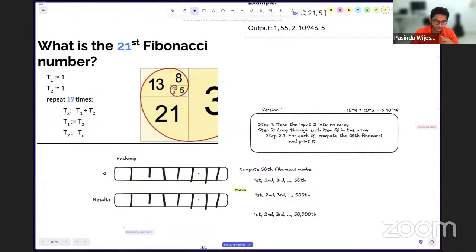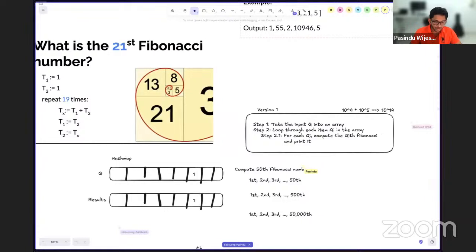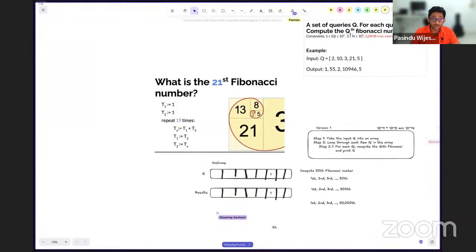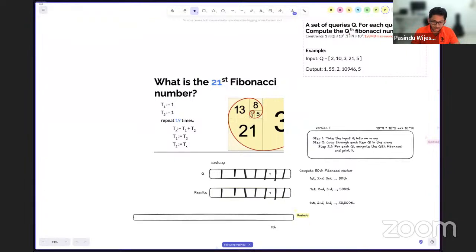So we only utilize memory in the size of Q instead of storing all the values from 1 up until Qi, whichever it is, let's say 1 billion. Instead of storing that huge array, we only store a subset that corresponds to the results. How is this going to differ from a version where we store every possible result up until 10 to the power 9?